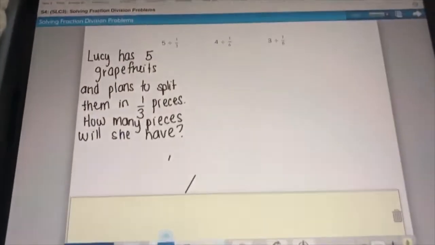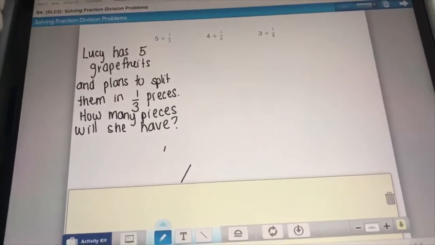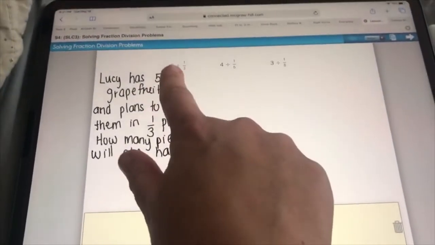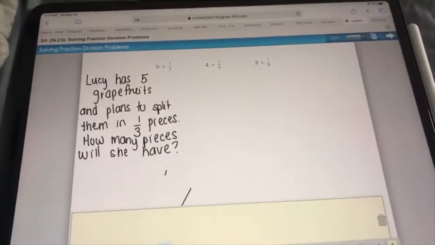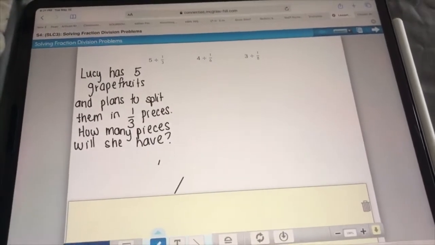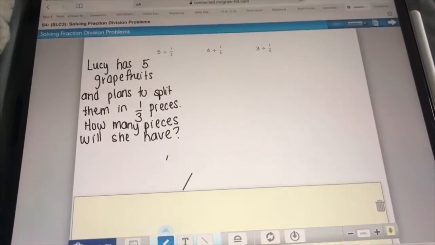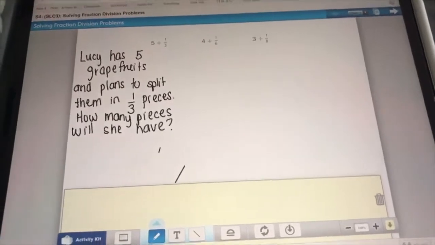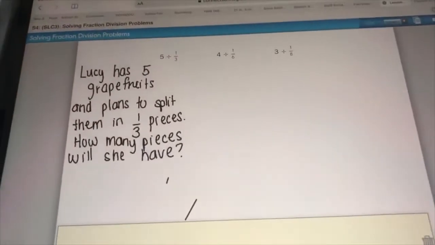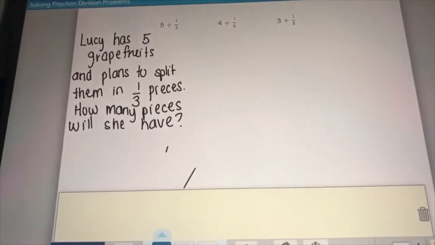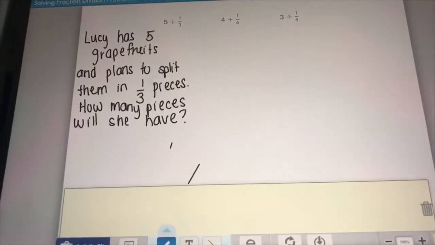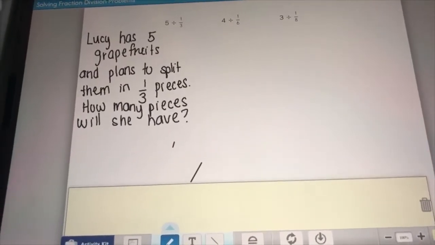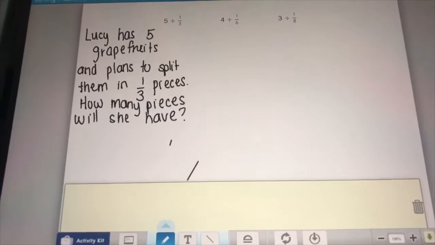Okay, so this is what I came up with. I know that we have 5 of something, and we're going to split it into thirds in order to find an X amount of pieces. So I wrote, Lucy has 5 grapefruits and plans to split them in 1/3 pieces. How many pieces will she have?